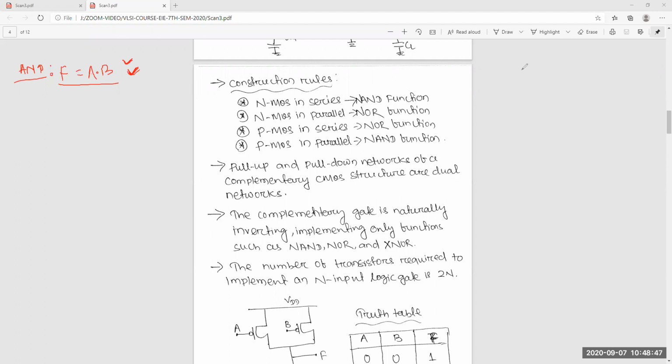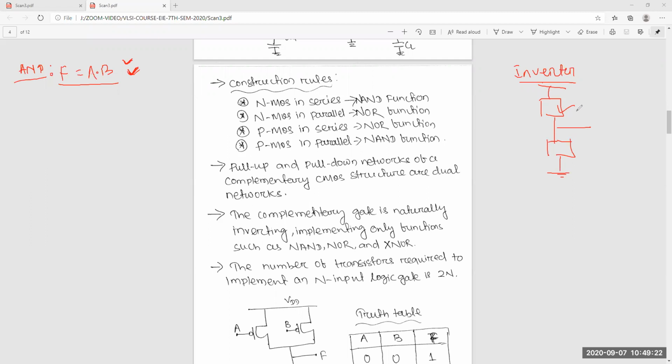Just say how to implement the inverter in a circuit. Inverter circuit: what will be in the PUN, what will be in the PDN? When we want to invert the applied input, then we use the inverter circuit.